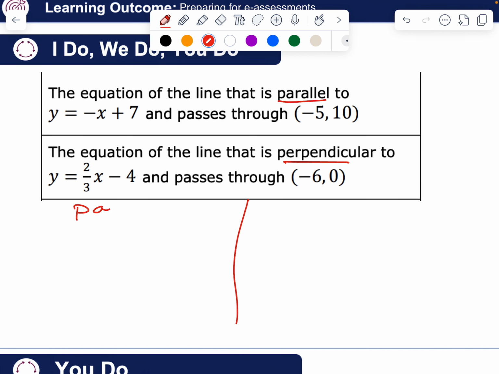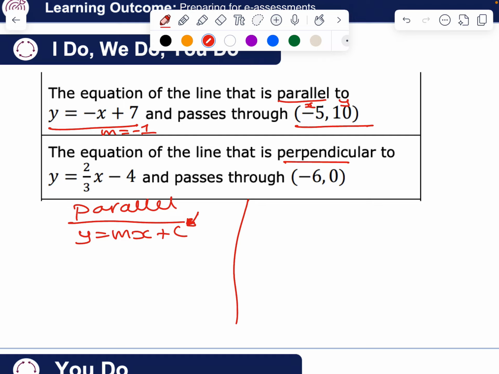So if we look at parallel first, if I want the equation of a line that is parallel to this line and goes through this point, this is my x, this is my y, my gradient is the same, so my gradient is negative 1, and I'm just going to substitute them in to find out where my y-intercept c is.